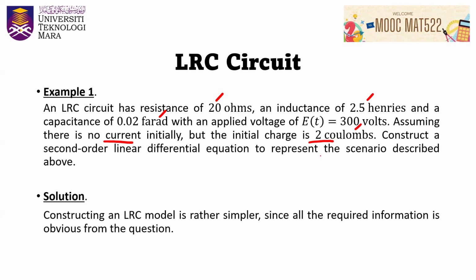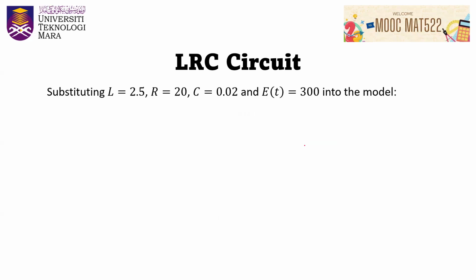Now, constructing an LRC model is rather simple since all the required information is obvious from the question. If we collect all the 4 different numbers that exist in the question, we can substitute these values into the model, giving us 2.5 Q double prime plus 20 Q prime plus 1 over 0.02 Q equals 300.